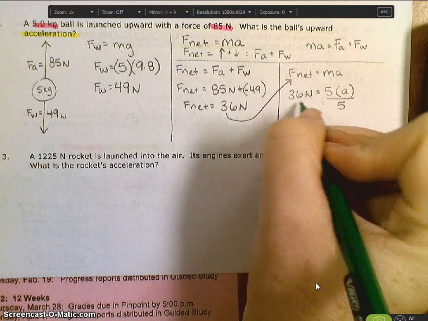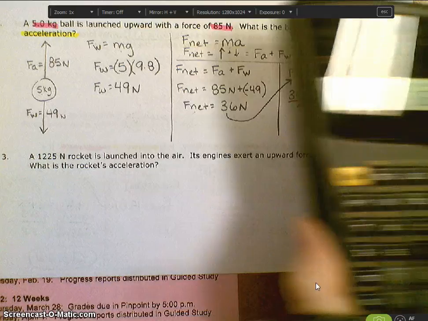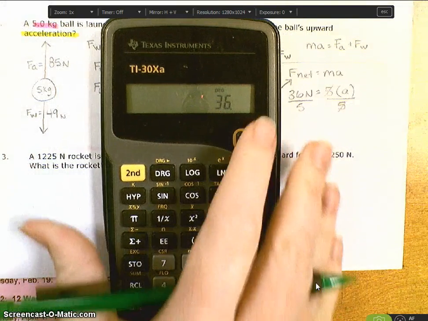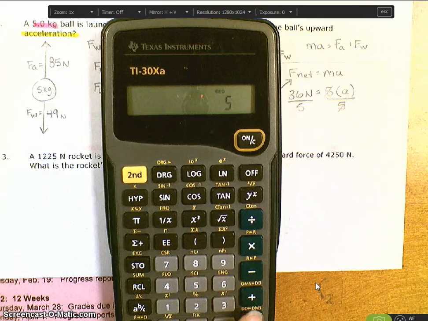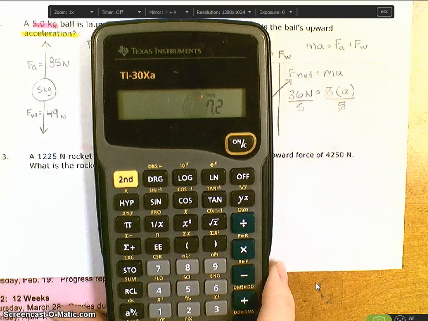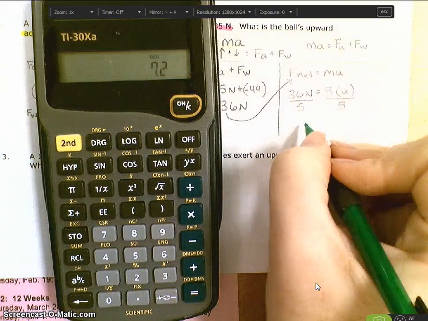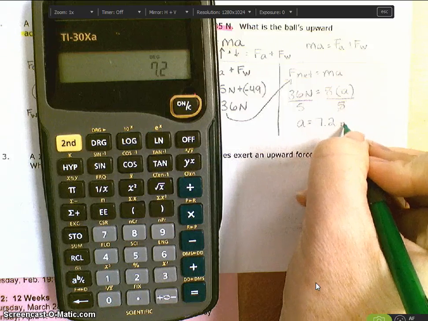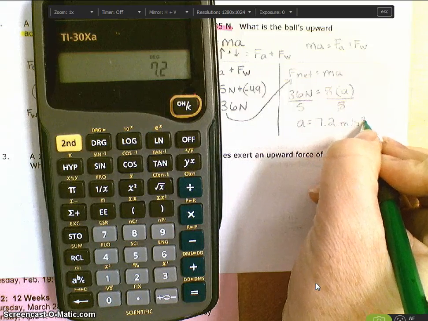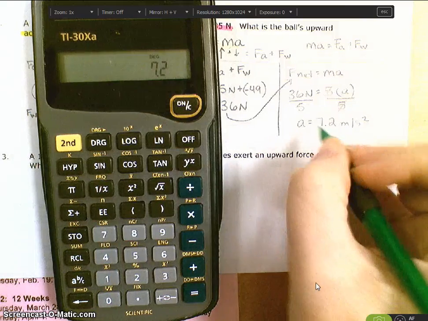To get rid of a multiplied number, we divide by that number. I still actually have 36 in there from the last equation I just did. Divide by 5. I get an answer of 7.2. I need to see my decimal place. So acceleration equals 7.2 meters per second squared. Again, you got to remember those units.